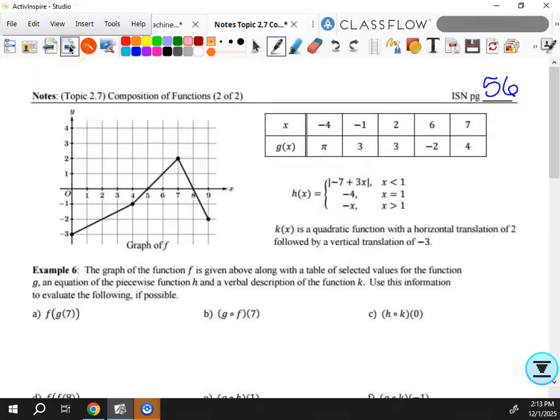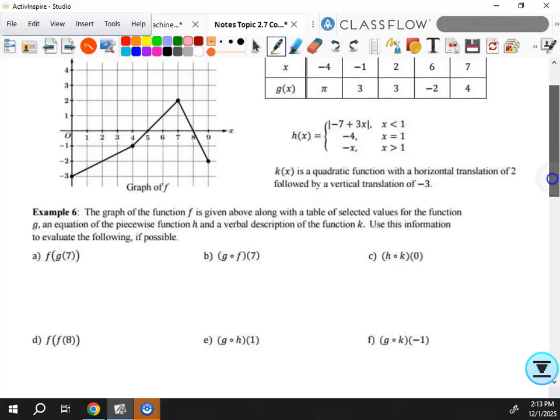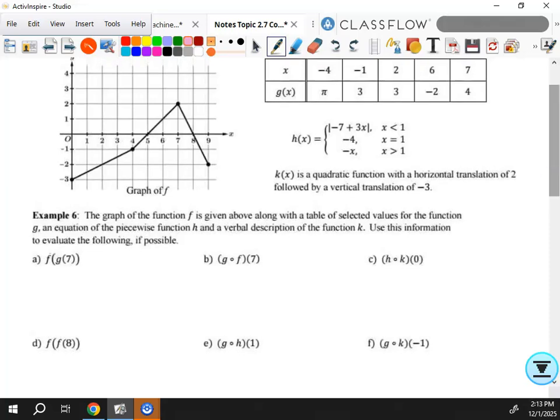Here we've got the graph of f, a table for selected values of g, an equation of the piecewise function h, and a verbal description of k. Then we're going to use all this information to evaluate the following if possible.